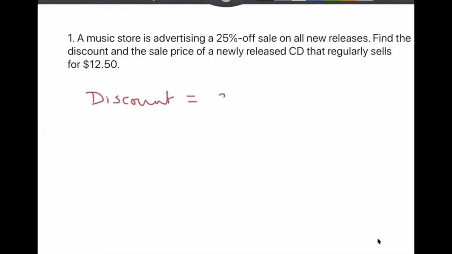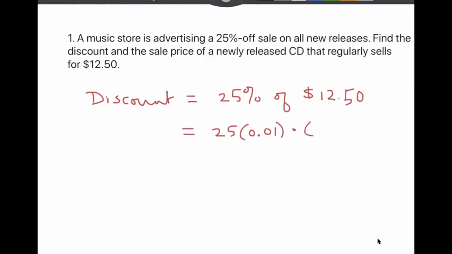So the discount is 25% of $12.50. Okay, so I'm going to say 25 times 0.01 times 12.50.